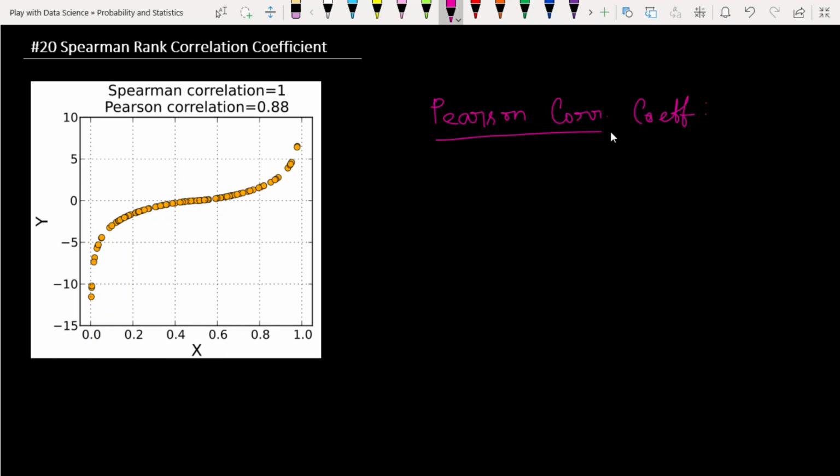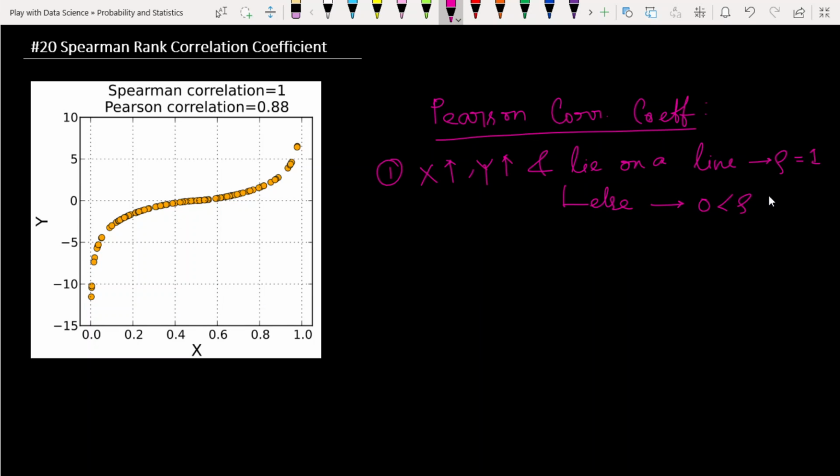Let's recap this thing. The first thing that we have got: if x is increased and y is increased and it lies on a line, then its value rho is 1. If it is not on a line, then its value lies between 0 and 1.